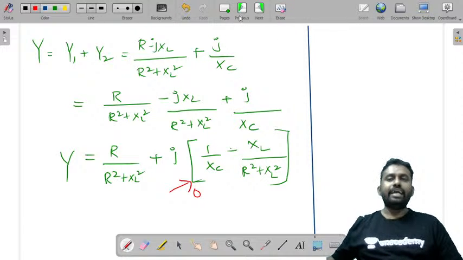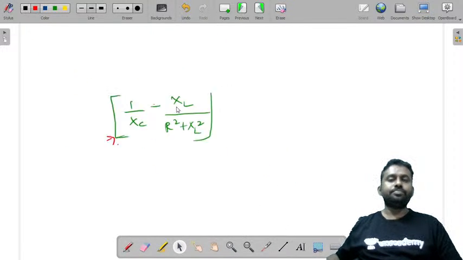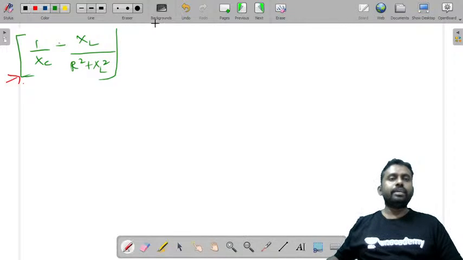I'll just take this part to the next slide and make it equal to 0, because the imaginary part must be equal to 0. So you can write XL by (R square plus XL square) is equal to 1 by XC.